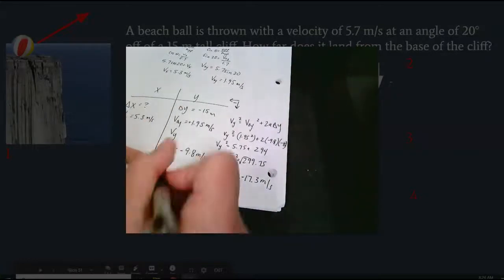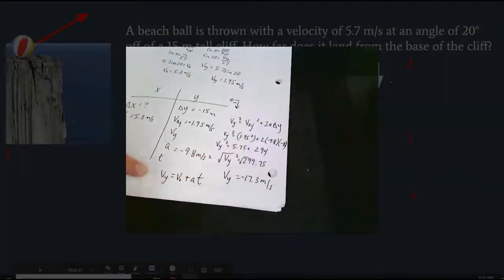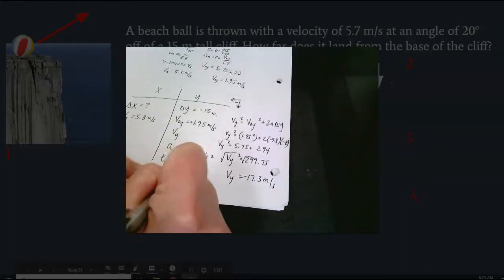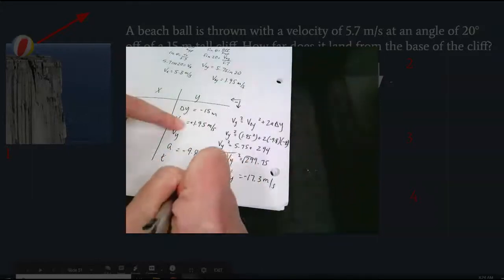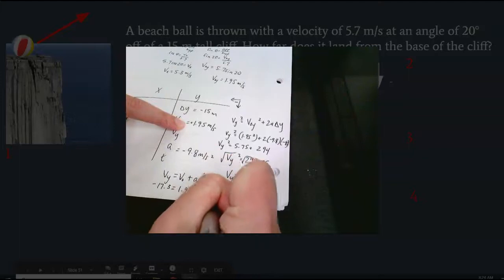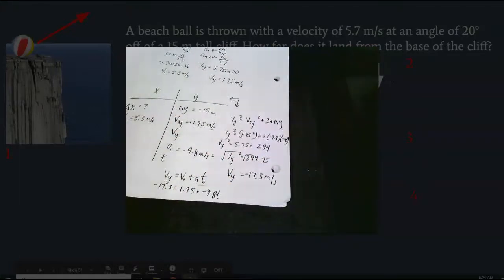Great. Now I can use my other equation. Do you see how these patterns are very similar to what we were doing last week? I can use my other equation to solve for a time. And so I get a negative 17.3 is equal to a positive 1.95 plus a negative 9.8 t. Being really careful with my reference frame because it could really mess up my algebra.